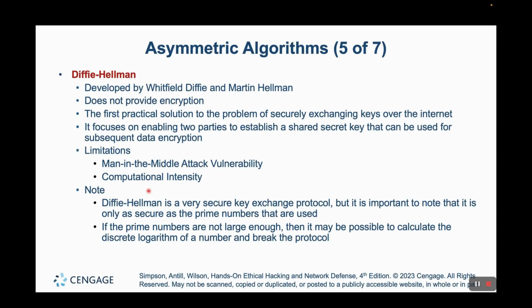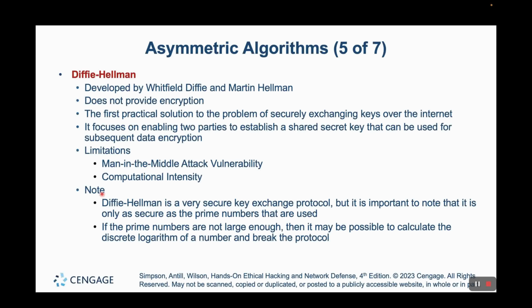Now, computational intensity. The original Diffie-Hellman can be computationally intensive, especially with large prime numbers. However, it can be addressed using a variant like elliptic curve Diffie-Hellman, something we're going to talk about shortly.